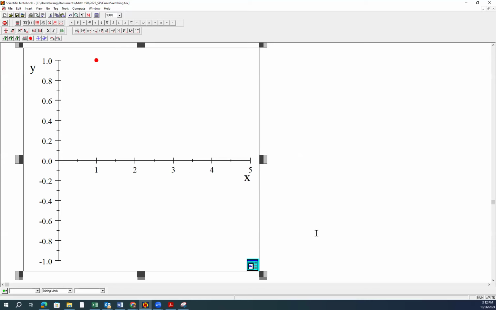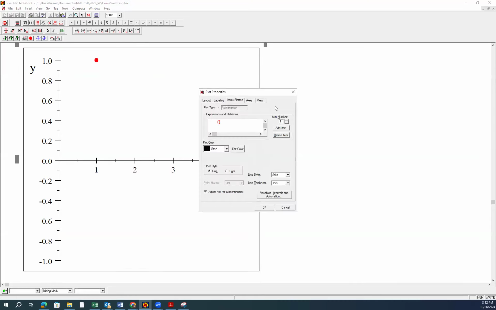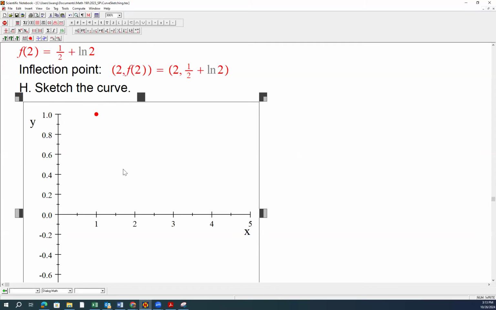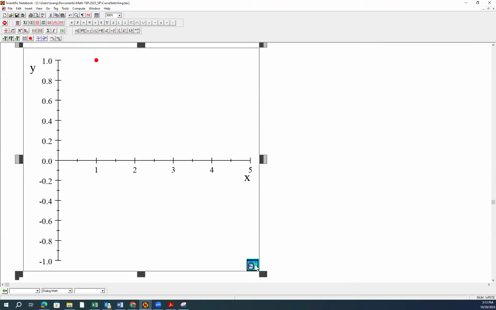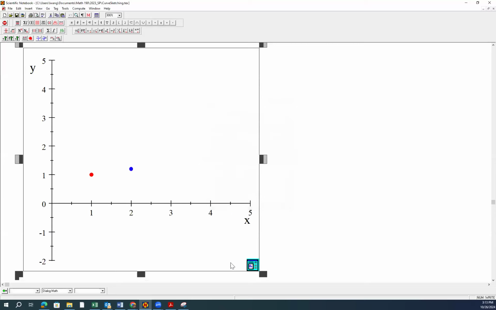The point of inflection, we're going to use a blue dot, right there. Half is somewhere there. We're going to have to make some adjustment.